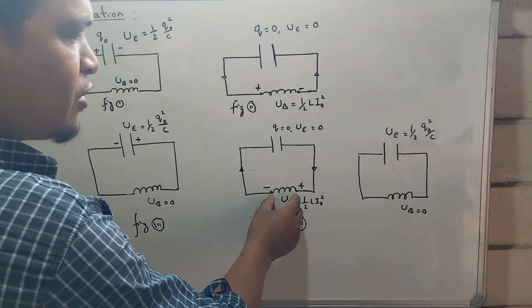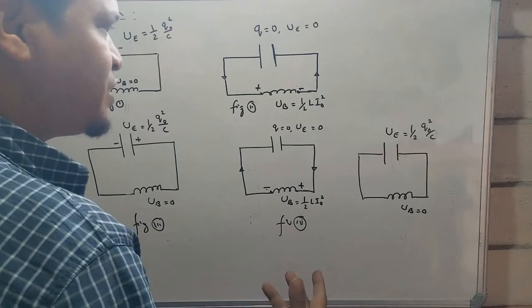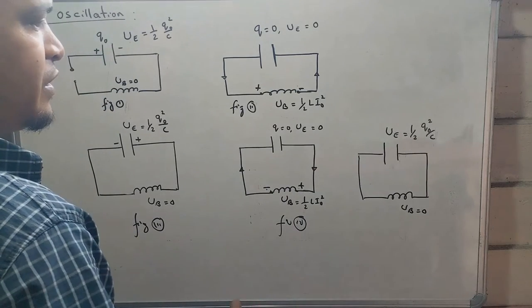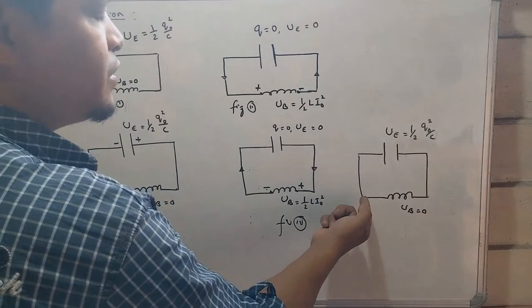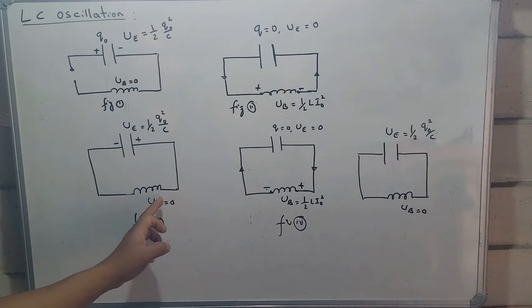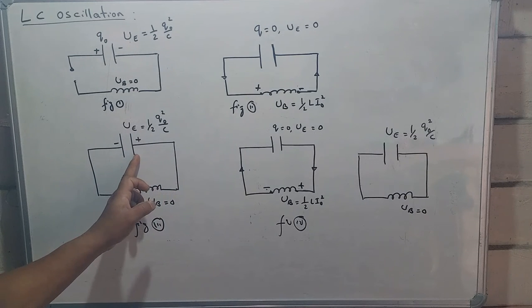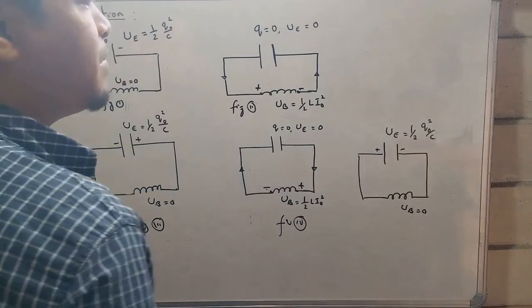So after this inductor gains maximum energy, it will recharge the capacitor but in the reverse direction. That means it will try to give the charge to the capacitor. Like in this case, it is giving the charge in such a way that this side is minus, this is plus. But now it will give a charge to the capacitor so that this will be plus and this is minus.